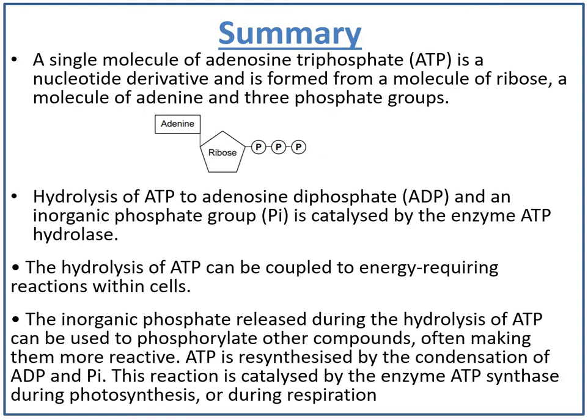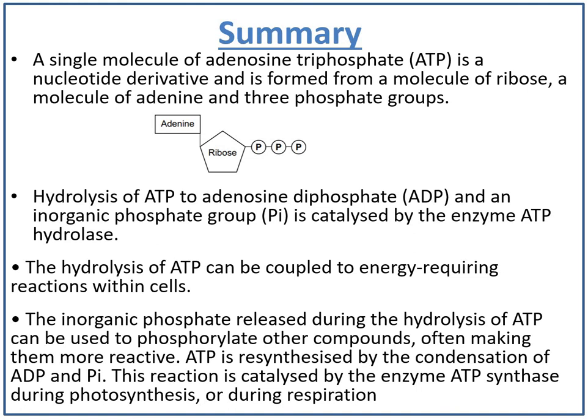So in summary, a single molecule of adenosine triphosphate, or ATP, is a nucleotide derivative and is formed from a molecule of ribose, a molecule of adenine and 3 phosphate groups. Hydrolysis of ATP to adenosine diphosphate, or ADP, and an inorganic phosphate group, Pi, is catalyzed by the enzyme ATP hydrolase.